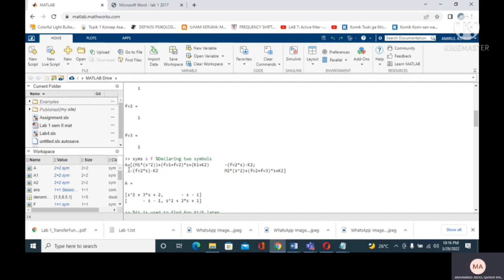After that, we want to define the equations in matrices for MATLAB.